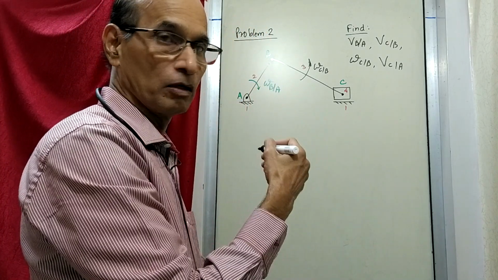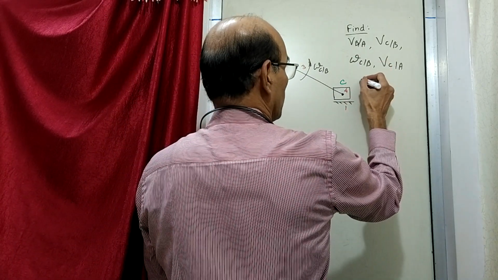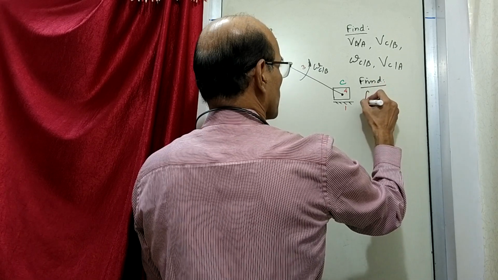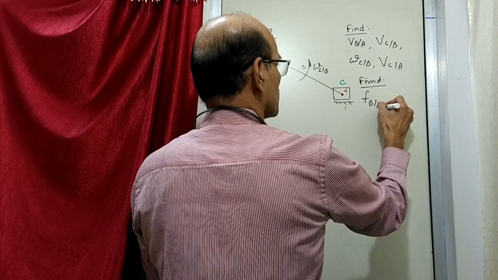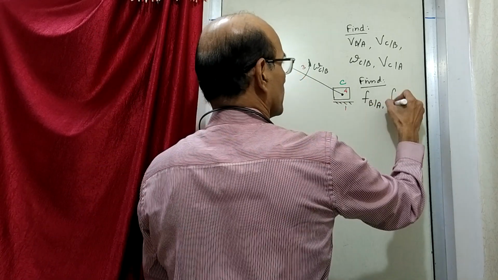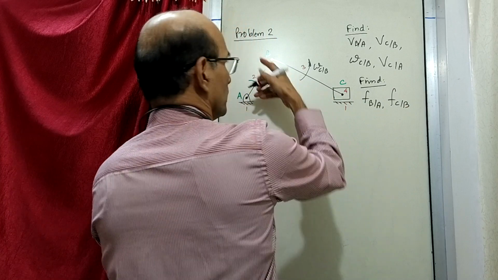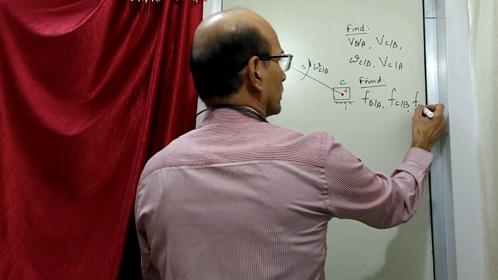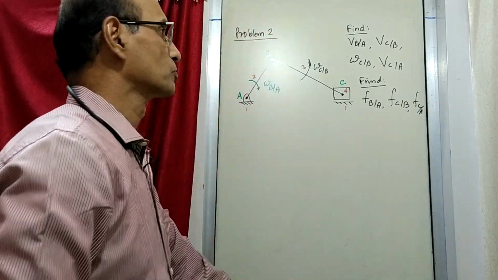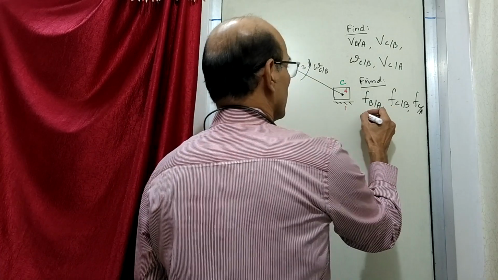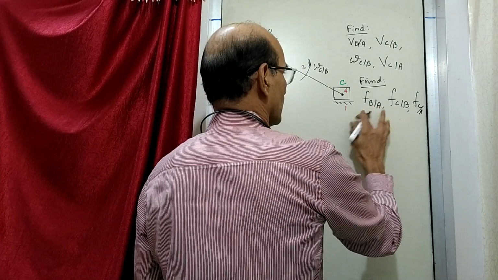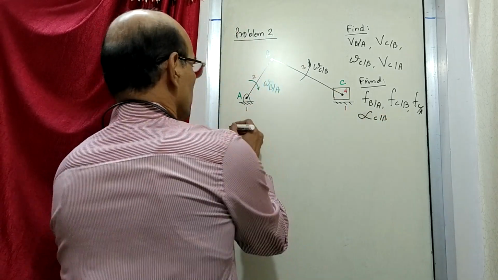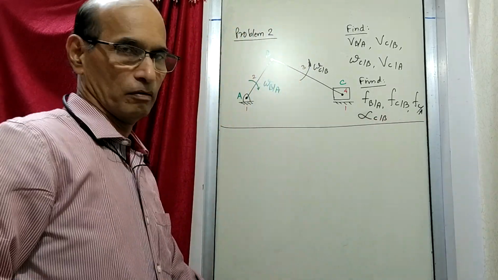And now for this part, we are going to find out further the acceleration of B with respect to A, acceleration of C with respect to B, and acceleration of C, means C with respect to A. So these are the things we are asked to find out, and at the same time the angular acceleration of C with respect to B. So these are the different things asked for the exercise.